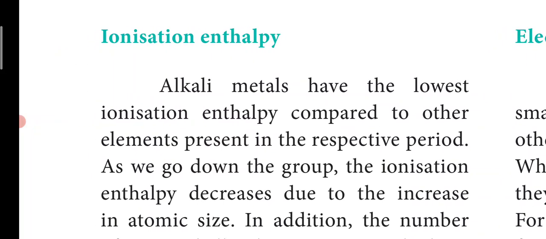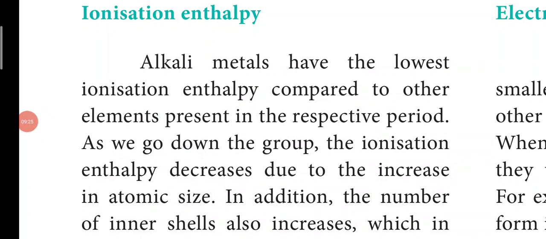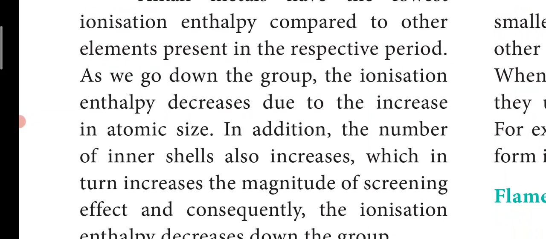First we have ionization enthalpy. What happens to the ionization enthalpy? Alkali metals have the lowest ionization enthalpy compared to the other elements in the respective period. Why is it so low? Because the size is very big, so electrons can be easily removed from the outermost shell. The outermost shell is not in good contact with the nucleus.